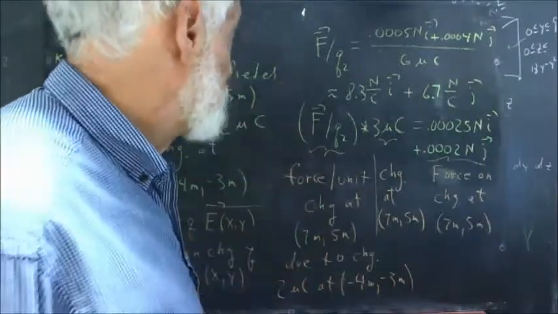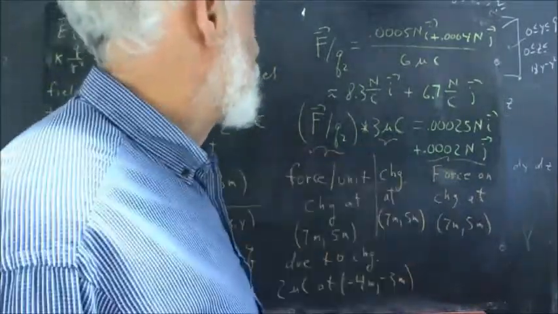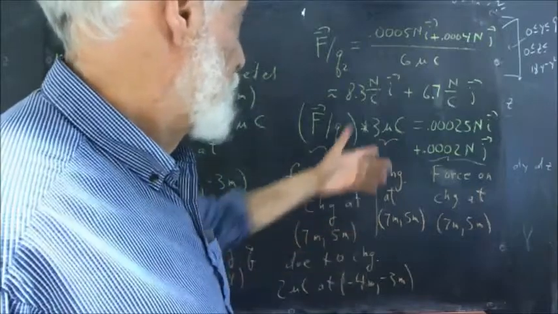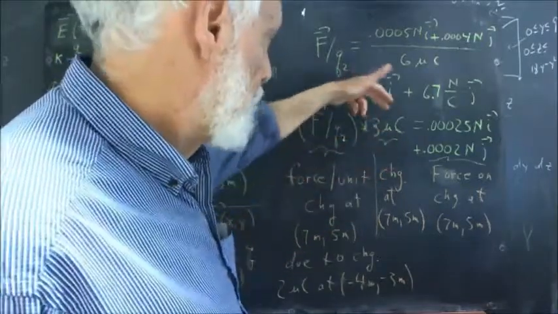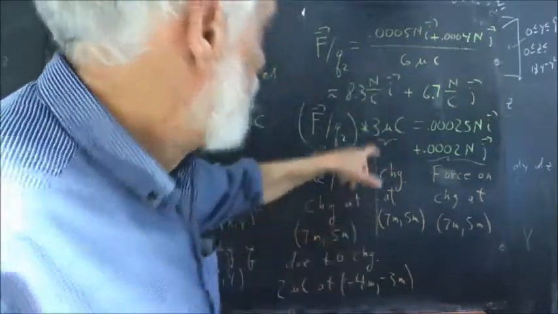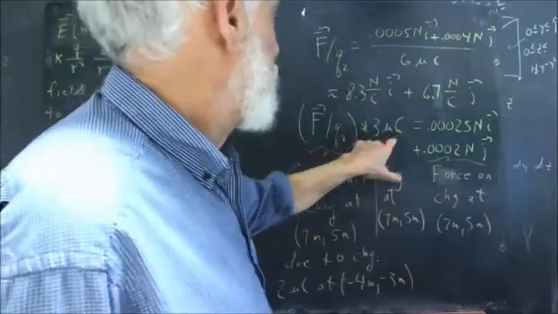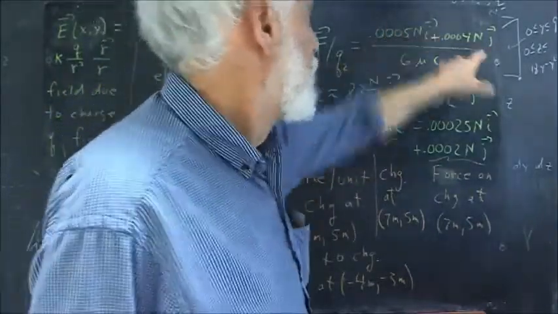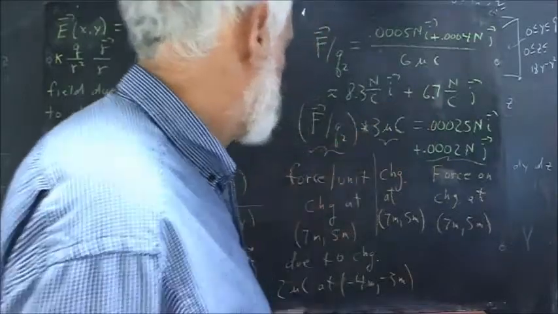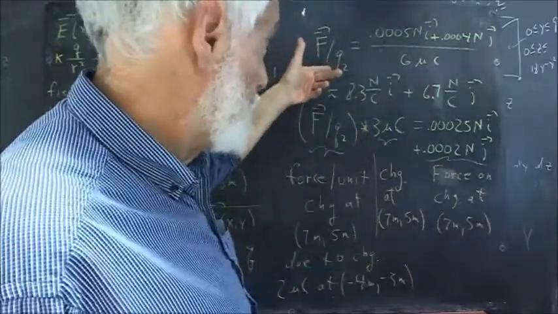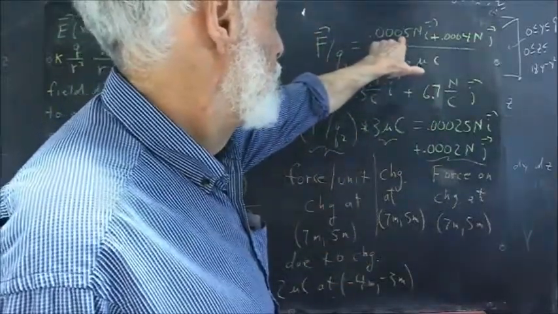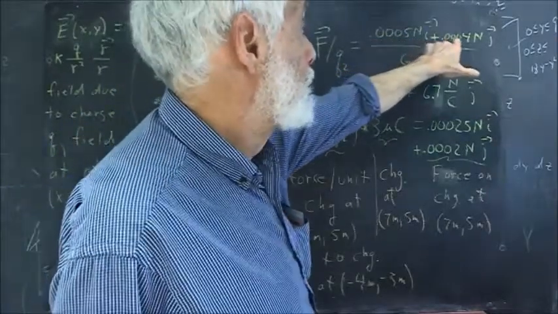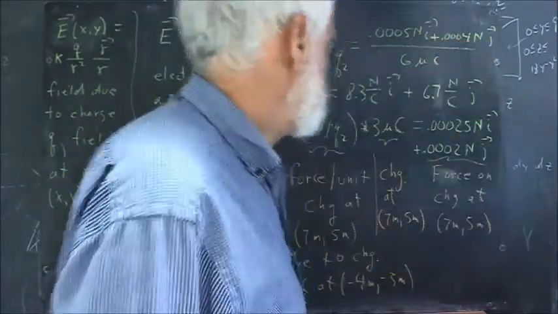That's what this represents. Multiplied by the 3 microcoulombs that we now want to put there, and this is just verifying the calculation we had before. Recall that we calculated for the 3 microcoulombs based on this, 3 microcoulombs being half of the 6 microcoulombs that we originally had, the Q2. We got the 0.00025 newtons i, 0.002 newtons times j.